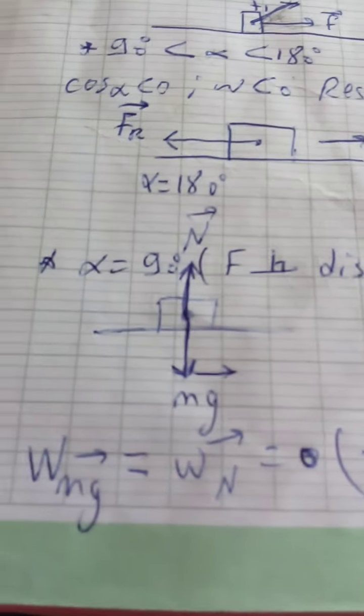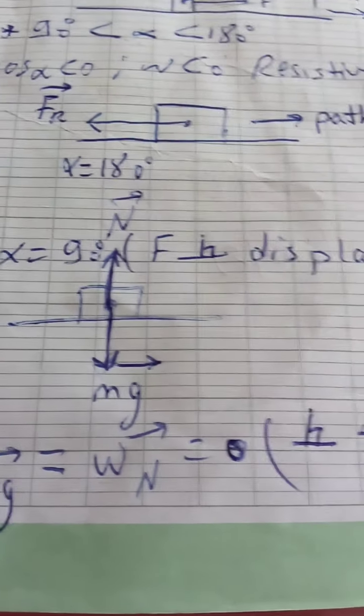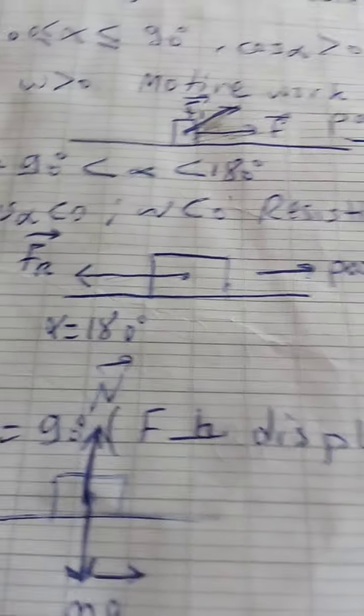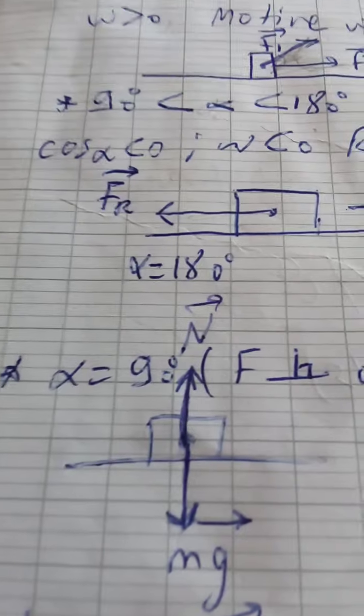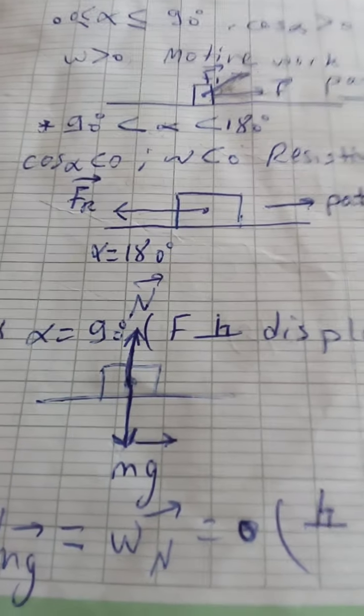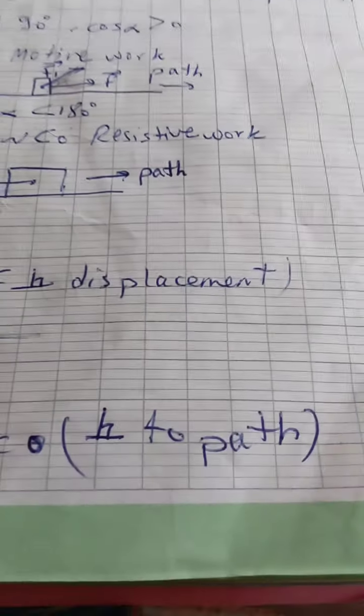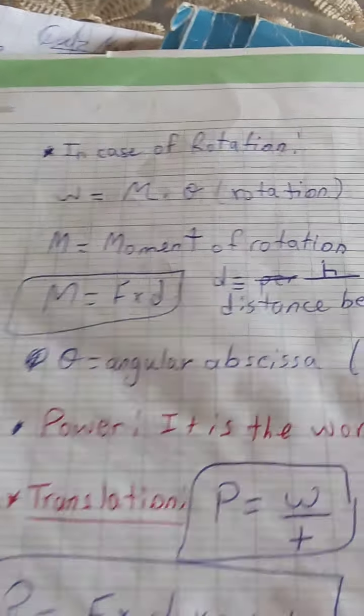Here the last one is the W of mg equals W of N equals 0, perpendicular to the path. The path of N is pi over 2, a 90 degree angle with this path. Here in case of translation.